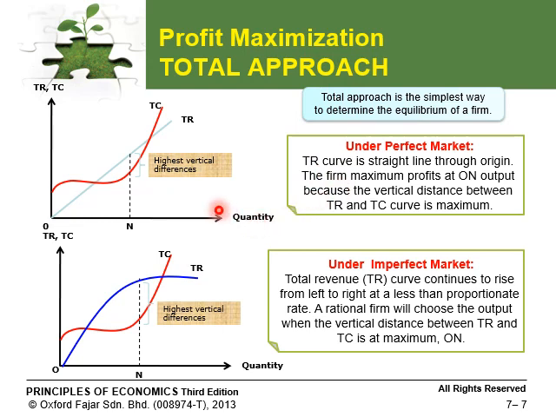This is under a perfect market situation. Meanwhile, for an imperfect market situation, it is almost the same. The only difference is just the curve shape. But in order to find profit maximization, the most important part is to spot the difference between total cost and total revenue.